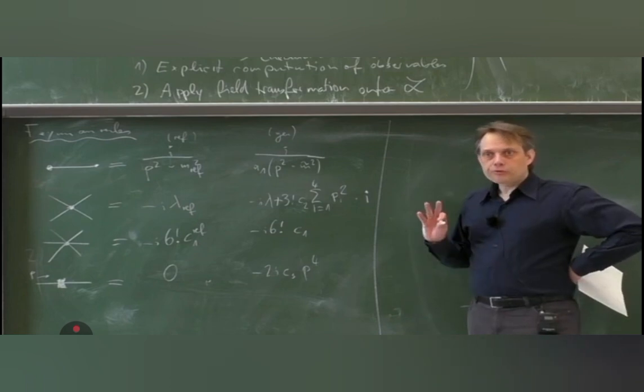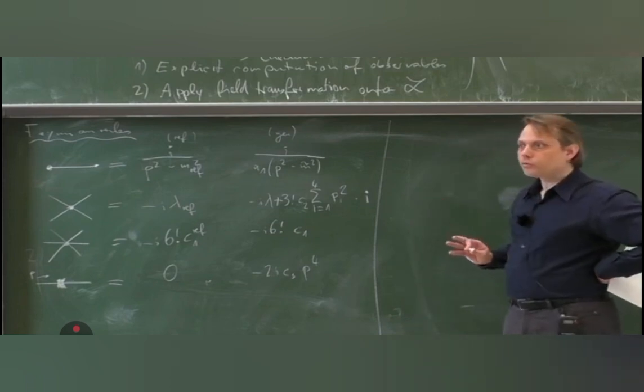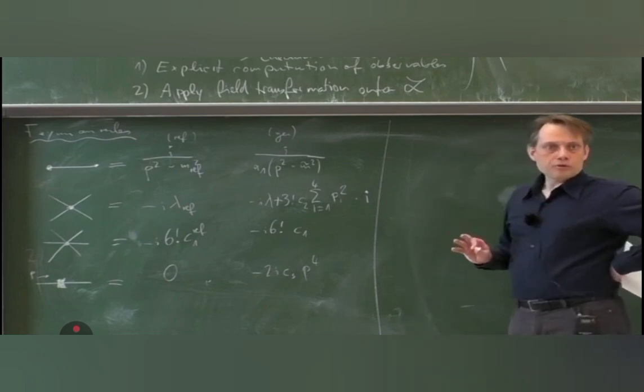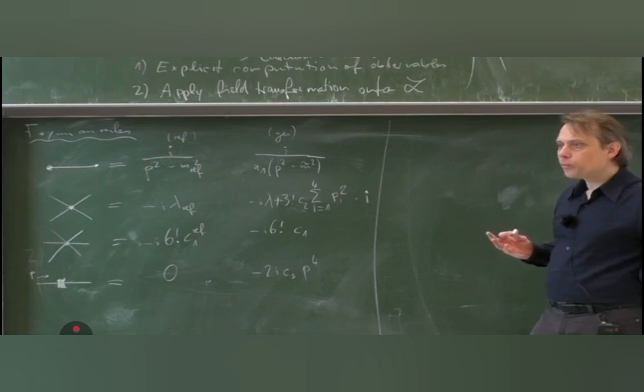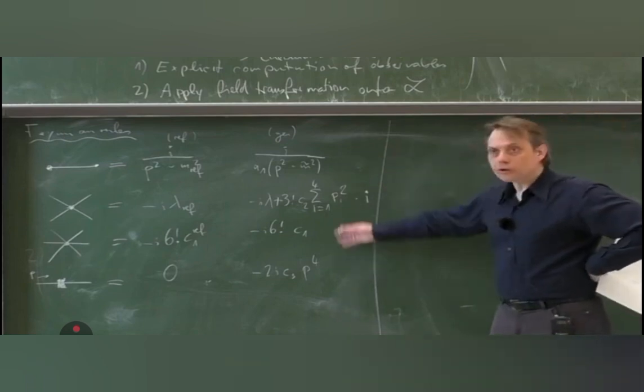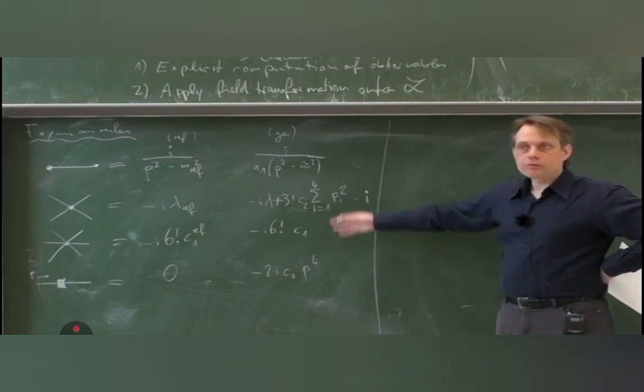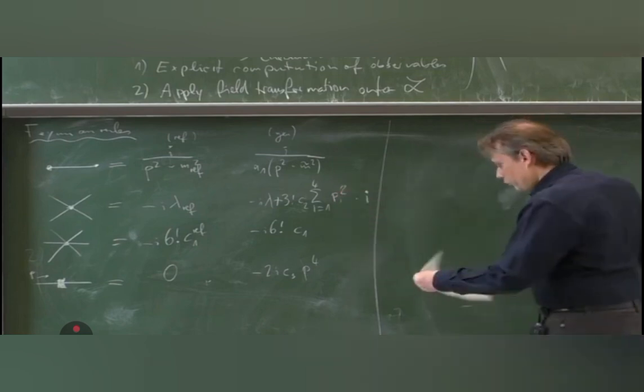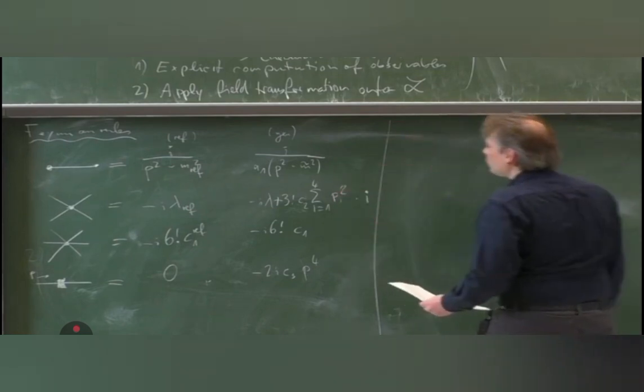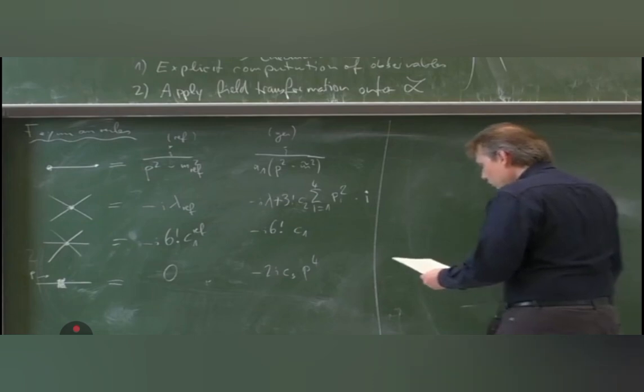Because these details that we are now going to see regarding LSZ reduction and extracting S-matrix elements and so on, they have to be repeated for loop calculations as well. So therefore, this has multiple reasons for being useful.